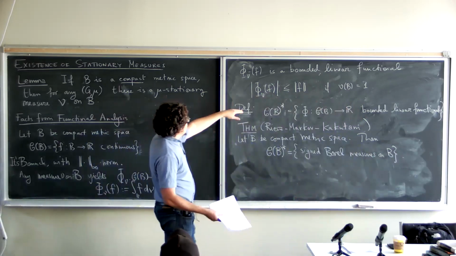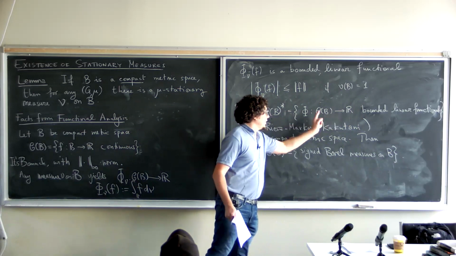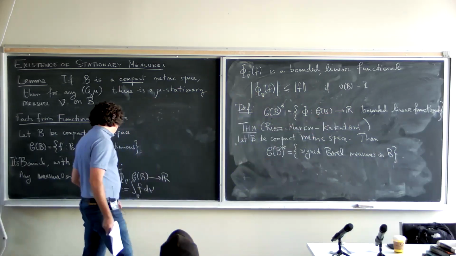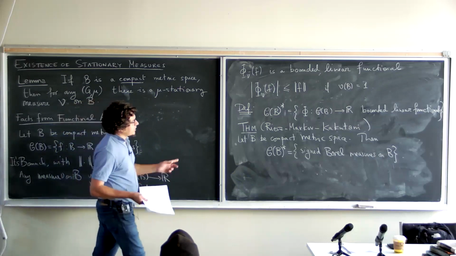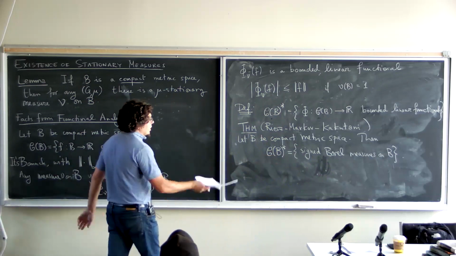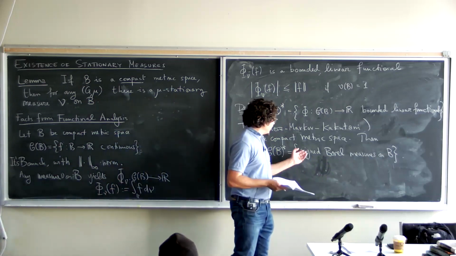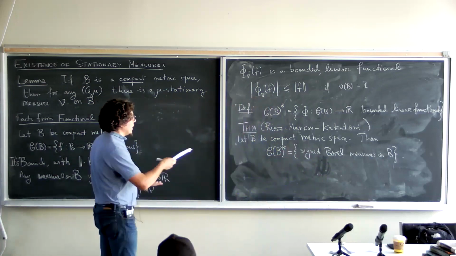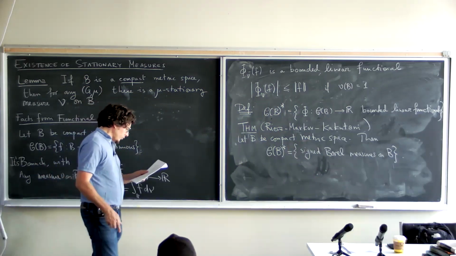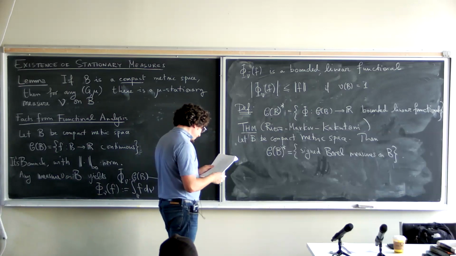It means that every time you have a functional which is bounded and linear on the space of continuous functions, there is secretly not quite a measure, but a signed measure. It's like a measure, it's sigma additive, but it could have either positive or negative signs.